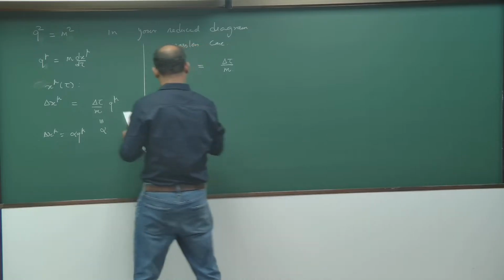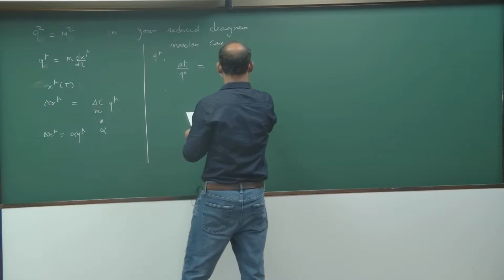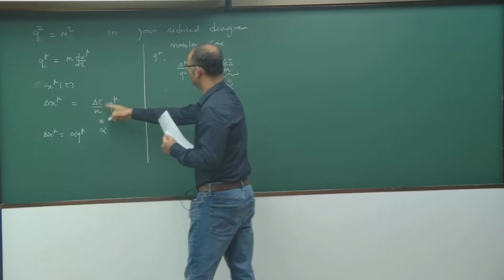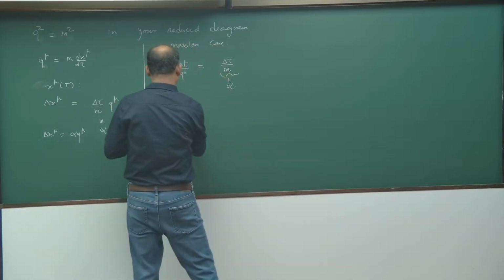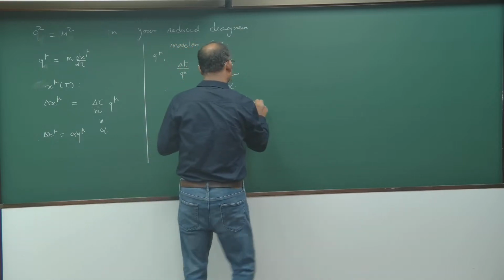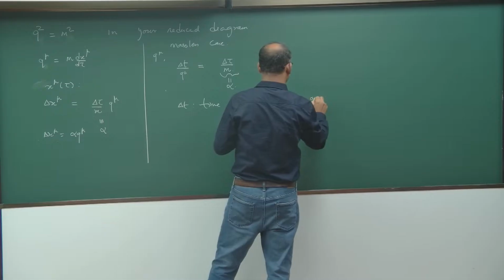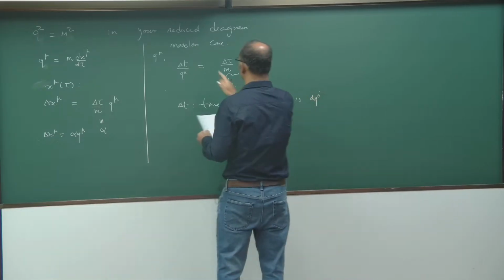The time in this picture, this is what I call alpha, right here. So that's the alpha. So the time of propagation delta t is alpha times q naught.